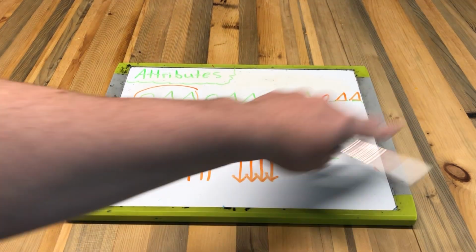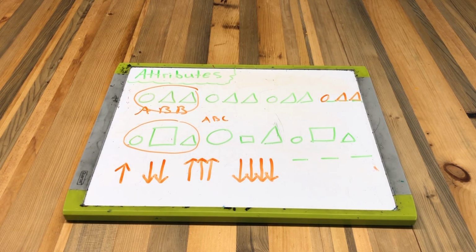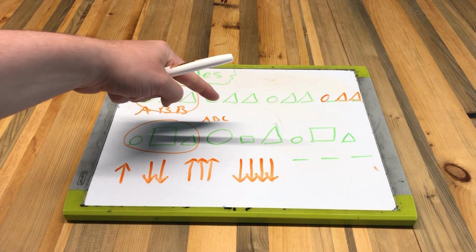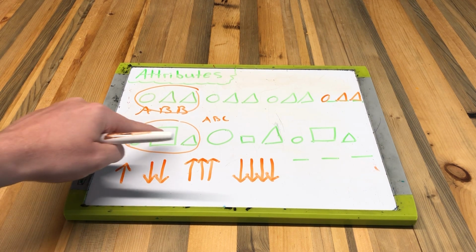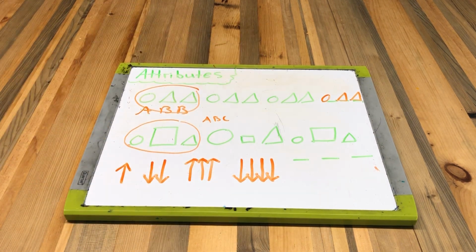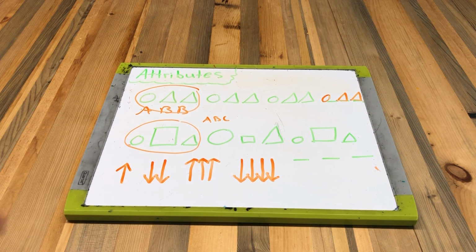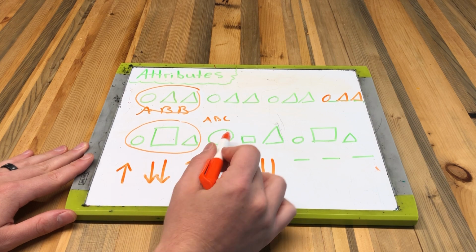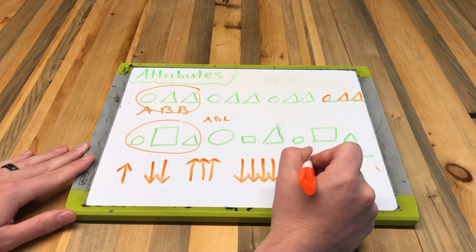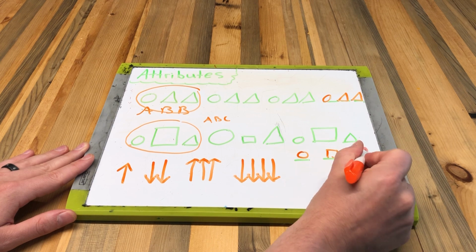So if I were to continue this pattern, I have to think of a couple of things, because it's an ABC pattern for shape, but it's an AB pattern, small, big, small, big, small, big, for size. So when I'm continuing the pattern, if I'm going to do shape, circle, square, triangle, circle, square, triangle, circle, square, triangle, circle, square, triangle.